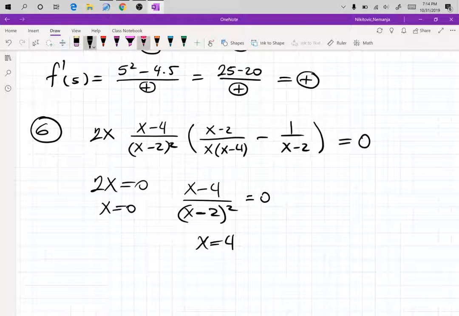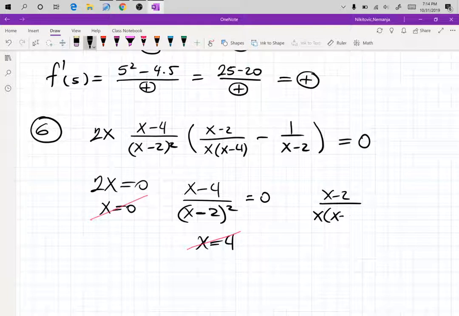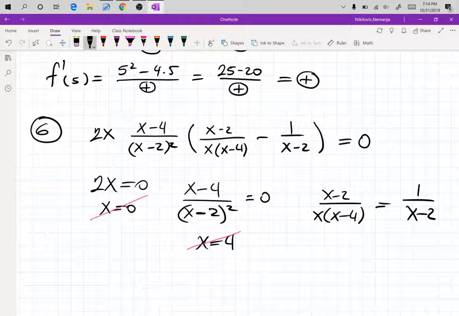We are already done with these. We know that these are not inflection points because we already have min and max for them, right? The only one we are focusing on is the big one: x minus 2 divided by x minus 4 equals 1 over x minus 2.